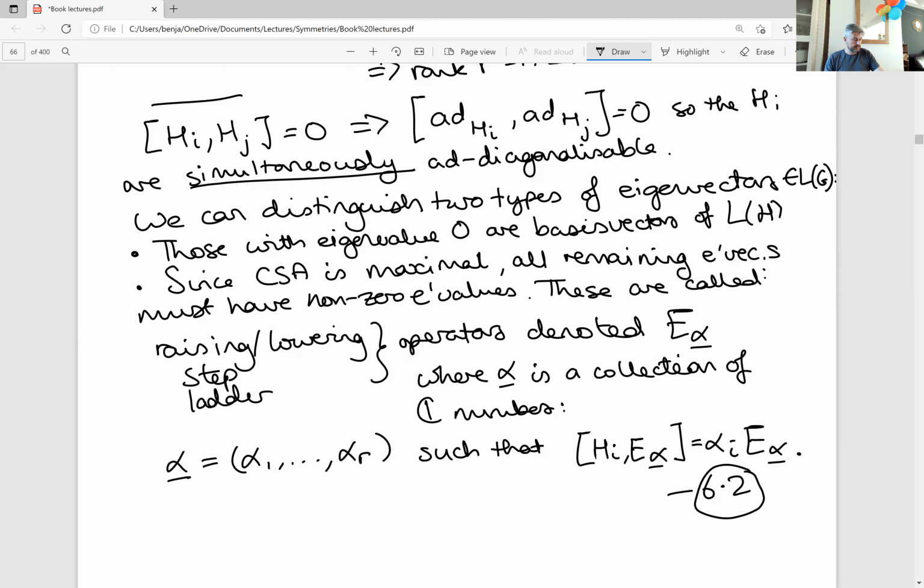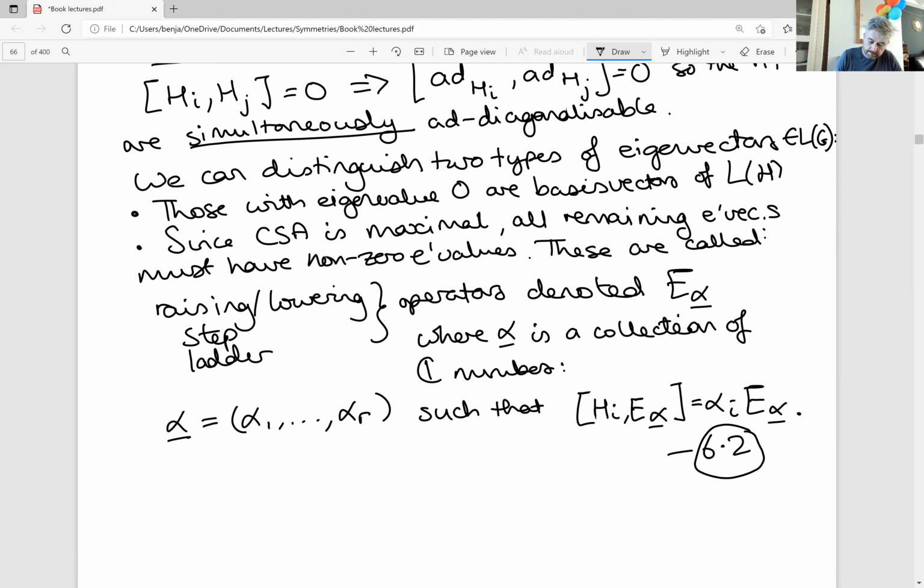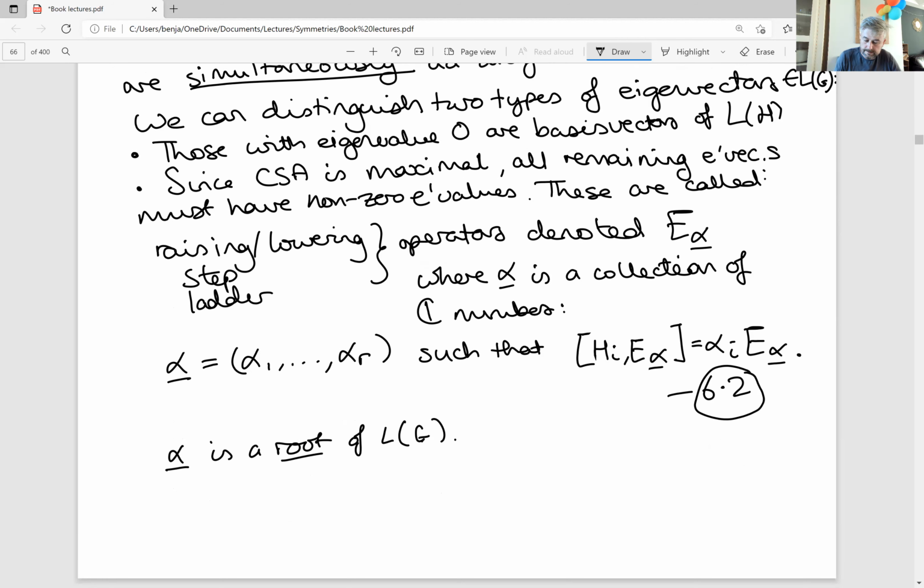So a bit of nomenclature here. Alpha is called the root of the Lie algebra. And the set of all of these E_alpha, we'll call this big phi, is the root set of the Lie algebra.